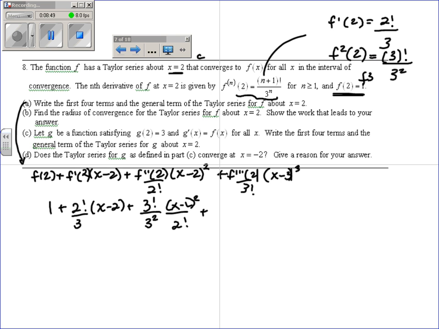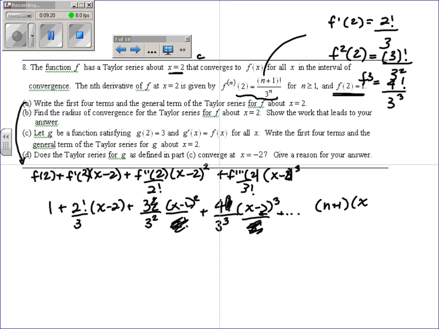And if I add 3, this would be 4 factorial over 3 to the cubed. Then simplifying this, 3 factorial and 2 would cancel to just give you a 3, and this would cancel to just give you a 4. And so if we notice, you're left with n plus 1 times x minus 2 to the n over 3 to the n.